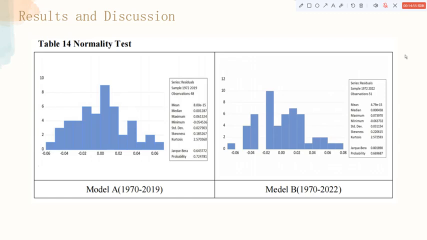The kurtosis of both models is lower than the normal distribution, so the distribution is flatter. The p-values of model A and model B are 0.72 and 0.67 respectively, which cannot reject the null hypothesis, so the residual distribution is normal. The model performs well on the whole.